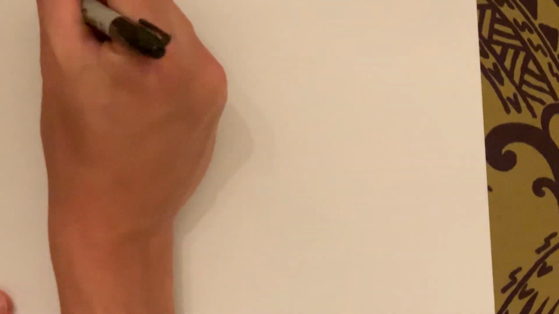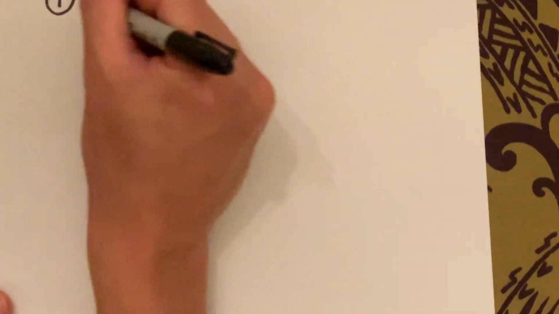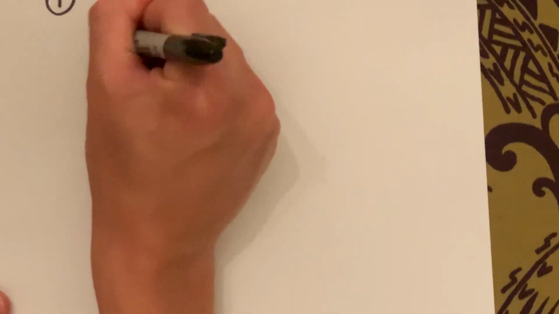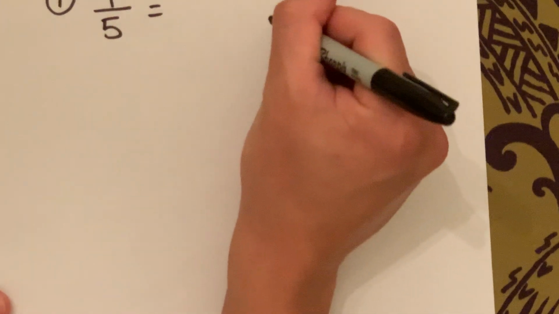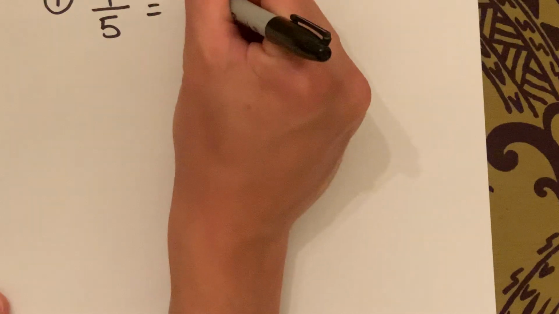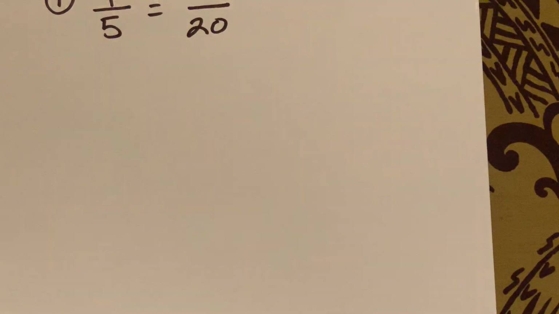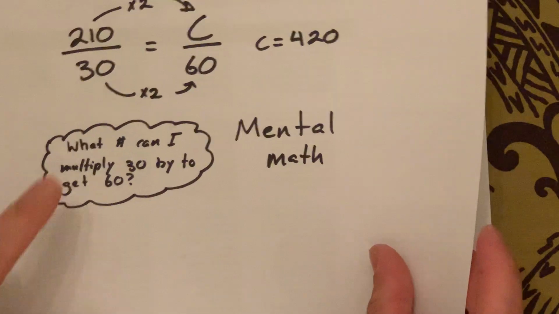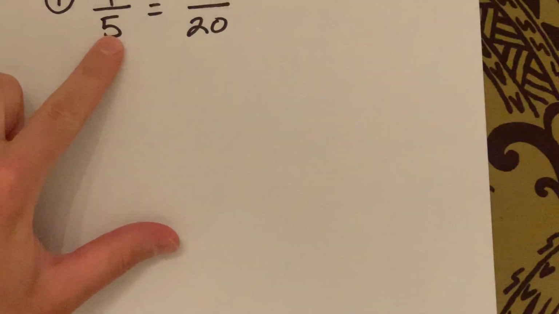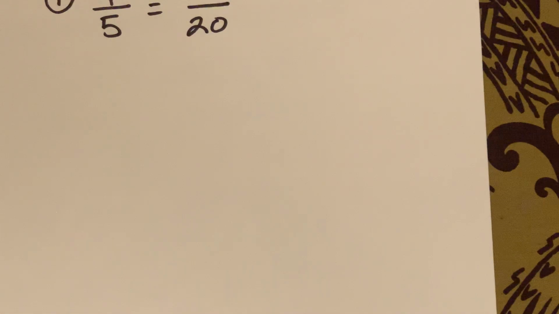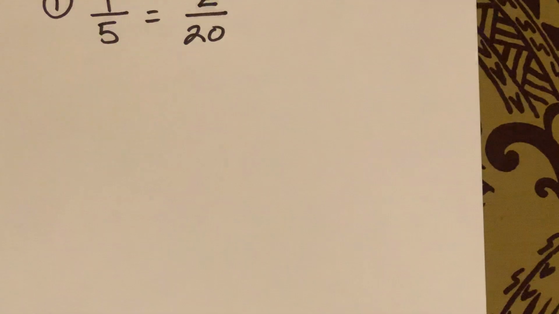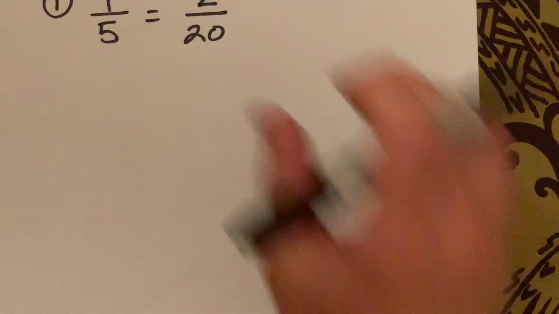Number 1 says 1 is to 5 as z is to 20. So remember that mental math question I was trying to ask myself here, guys. I have to say, what number can I multiply 5 by to get 20? And that number is, hopefully you got it, that number is, oh, I am not in the picture.